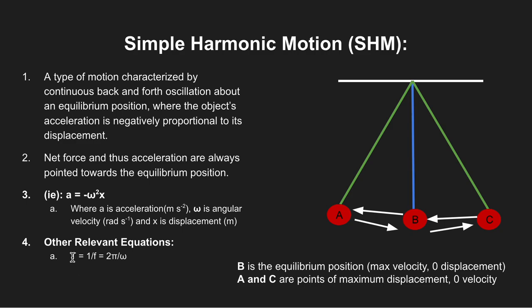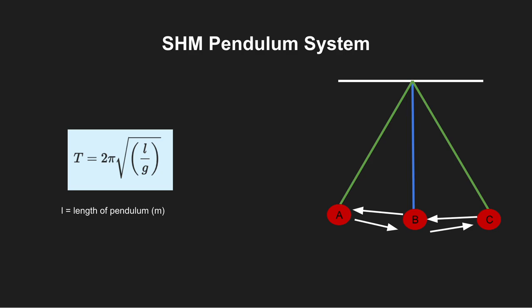And also you should remember the equations for period and frequency from circular motion, which are just period is equal to the reciprocal of frequency, vice versa, which can also equal 2 pi over omega, the angular velocity.